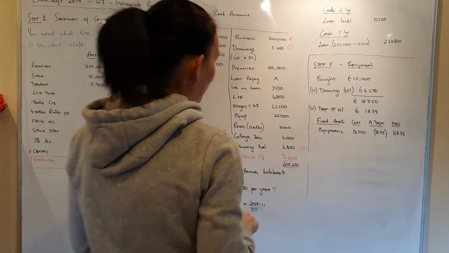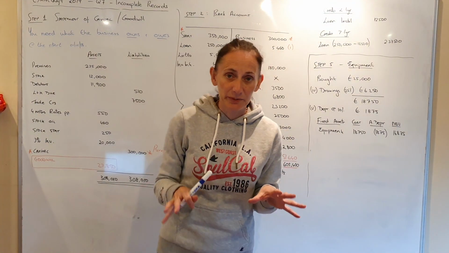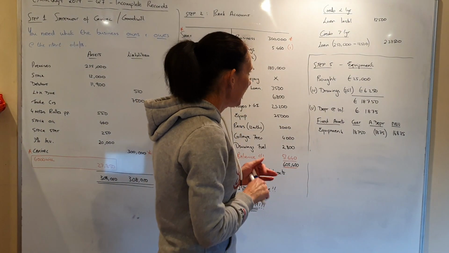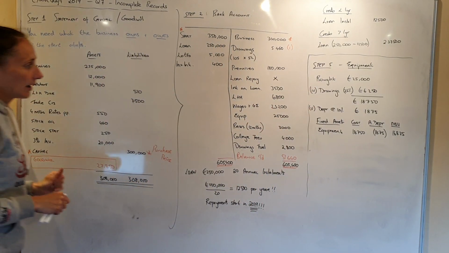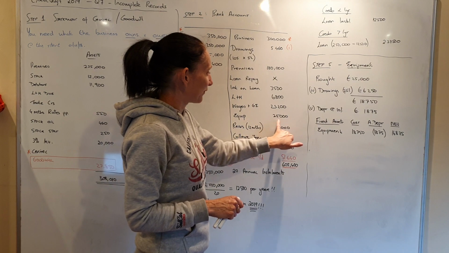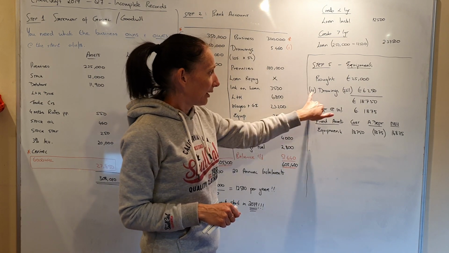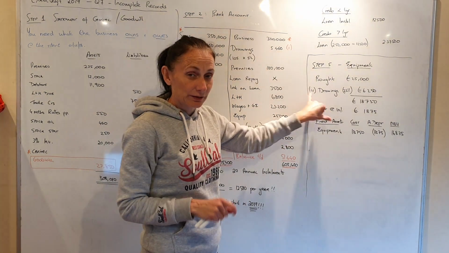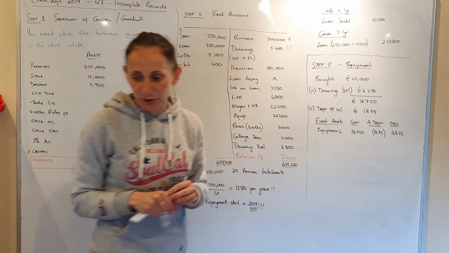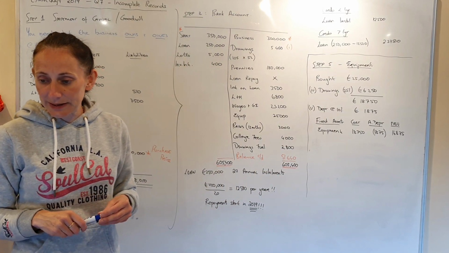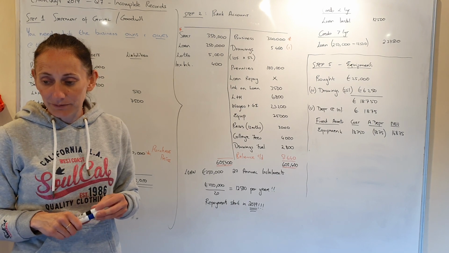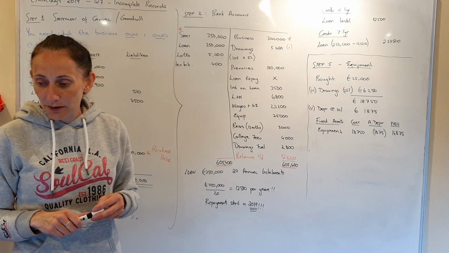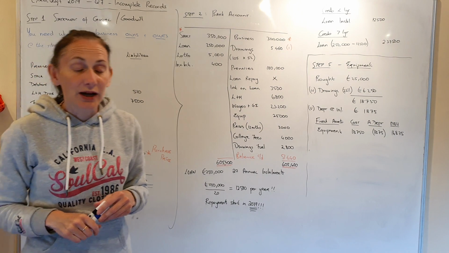Okay, step 5, we're going to look at the equipment. Again, these don't have to be in any particular order, just the way I'm picking them. So in the start, there was no mention of equipment. Here you bought equipment for 25,000. Now, if you look at adjustment 4, now watch this, equipment is normally affected with drawings. In adjustment 4, it says that 25% of equipment is for the private sector.